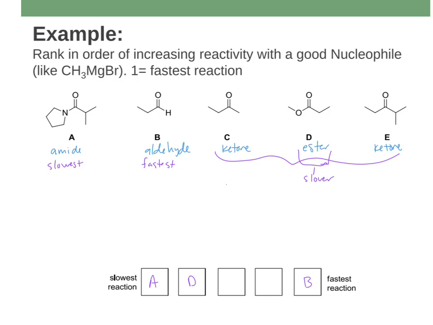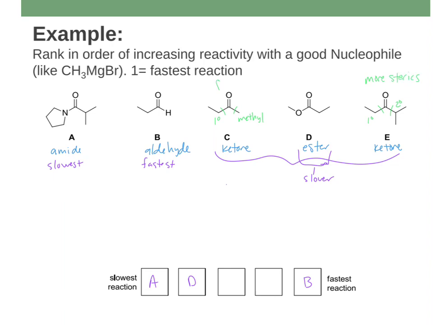But the big difference between these two is the sterics. Here on this ketone on the left, I've got a primary group on the left, and I've got a methyl group on the right. And here on my E, I have, again, a primary group, but on the right, I have a secondary group. So if I look at E, this one's just more sterically hindered. There's just more steric interactions.